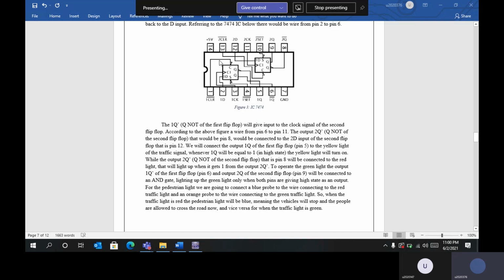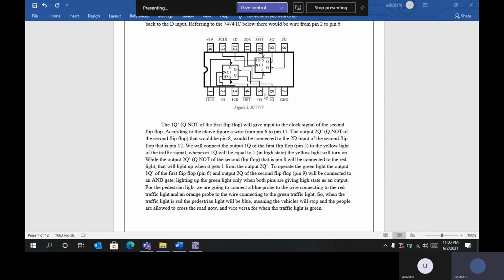The output Q from the first flip-flop will be connected to a yellow light, while the output Q naught of the second flip-flop, that will be pin 8, would be connected to the red light.